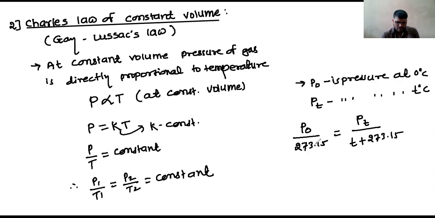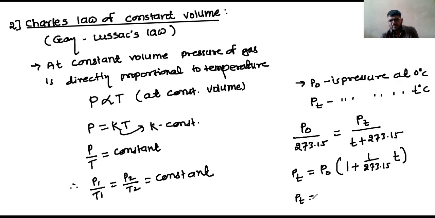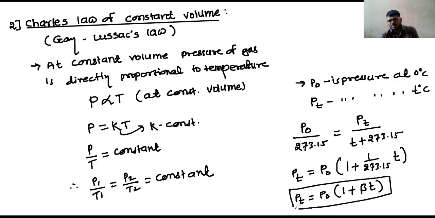Do the cross multiplication and you will get the formula, that is PT is equal to P0 into bracket 1 plus 1 by 273.15 into T, and here also PT is equal to P0 into 1 plus beta into T. The same as the previous one.